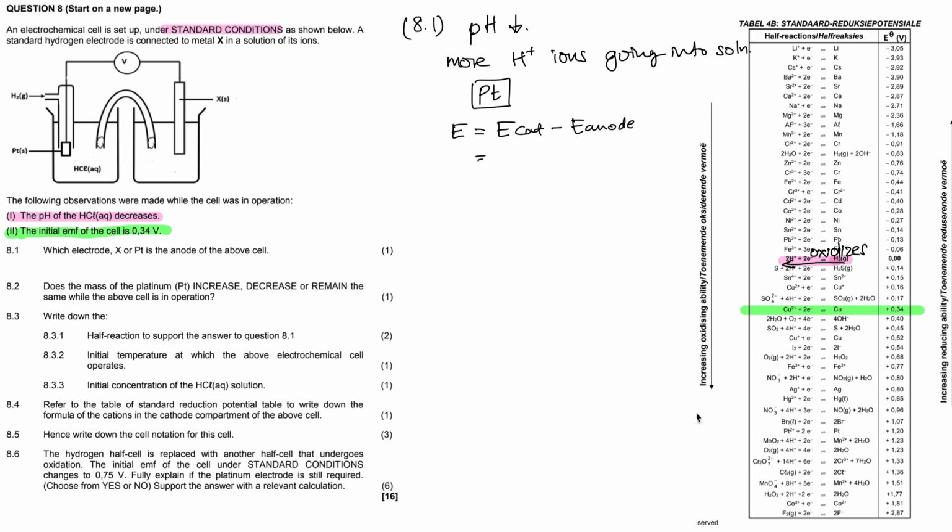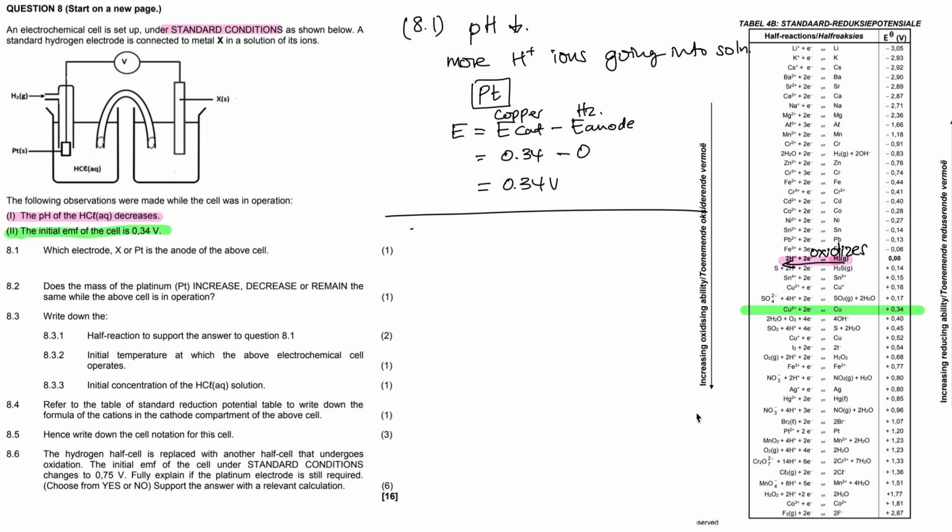Now, to get a positive 0.34, I need to have the copper at the cathode and I need to have the hydrogen at the anode. So that must then mean, by process of elimination, if the hydrogen is at the anode, it means that the answer is going to be Pt. So this is going to be the copper and this is going to be the H2. There's two ways you could do it, either one, doesn't really matter.